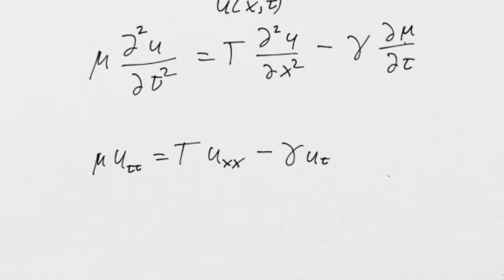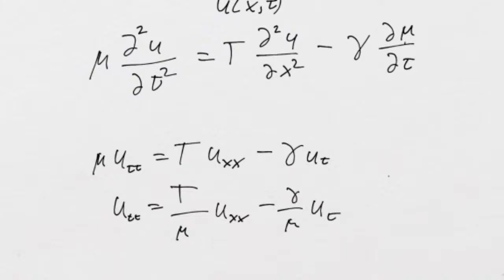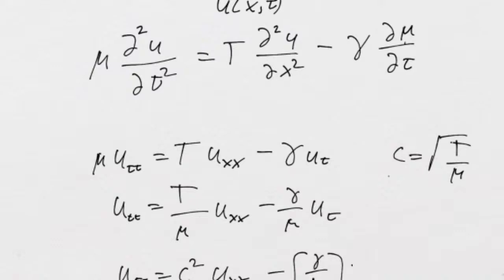If you do it this way, you end up with u_tt equals T over mu u_xx minus gamma over mu u_t. And then the next step typically is to define c equals the square root of T over mu. Then you write u_tt equals c squared u_xx minus, and now you have some constant that you're calling gamma over mu, u_t. And so this has to end up being in units of acceleration.